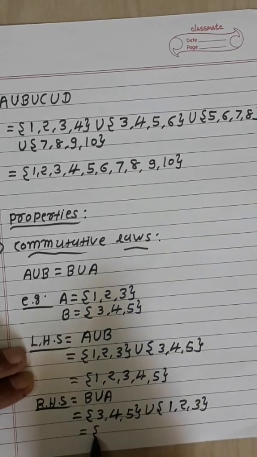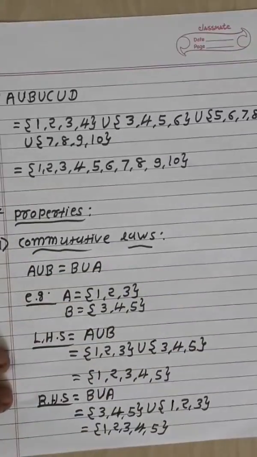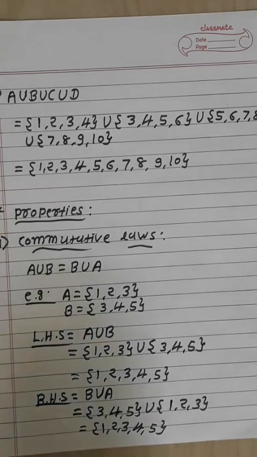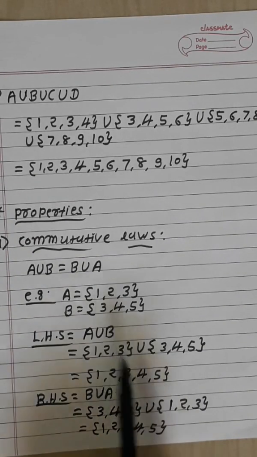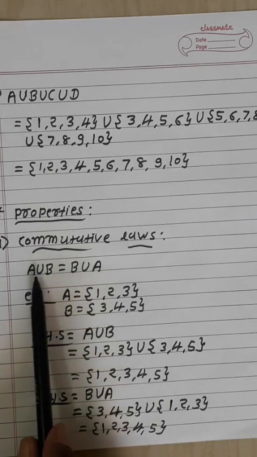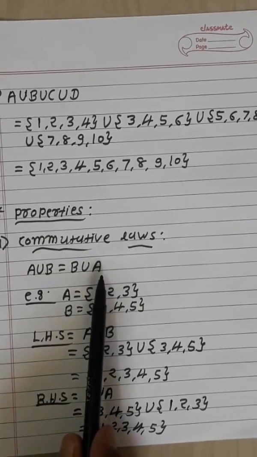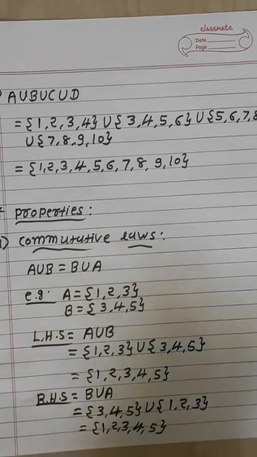So again the same answer, 1, 2, 3, 4, 5. So on the LHS side and the RHS side both are equal in this case. So the first property, the commutative law, that means A union B is equal to B union A, is satisfied.